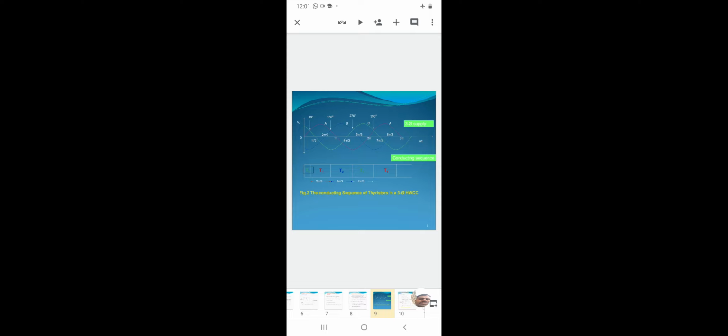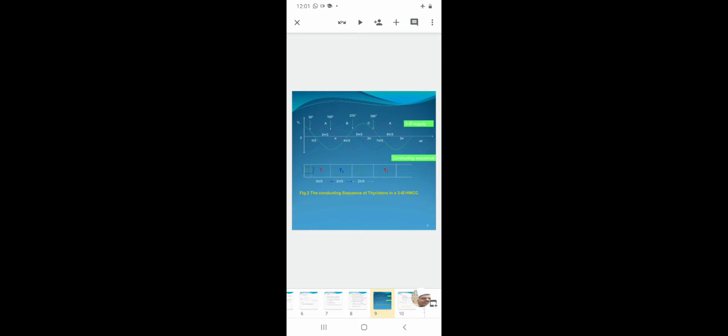For phase B, thyristor T2 conducts from 150 to 270 degrees, and thyristor T3 conducts for phase C from 270 to 390 degrees. Next, phase A comes again and T1 starts conducting.